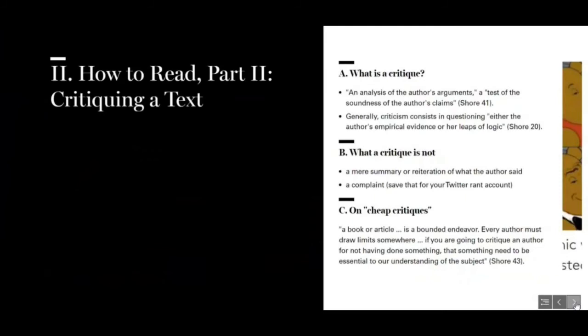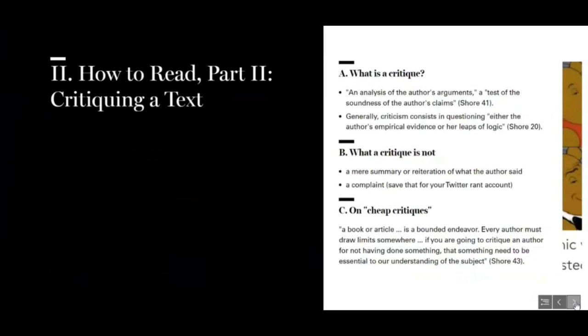So recall that in the previous section, we discussed how academic argumentation is usually made up of two main parts. The first one is your empirics, or the concrete pieces of evidence used to justify your position. And the second is the reasoning or the logic of your argument.